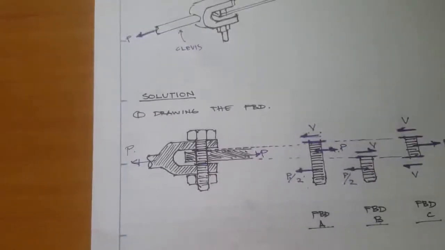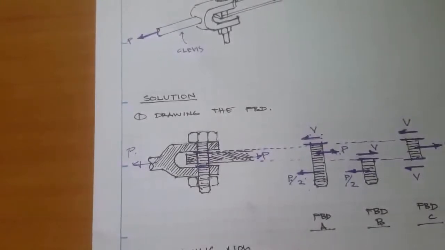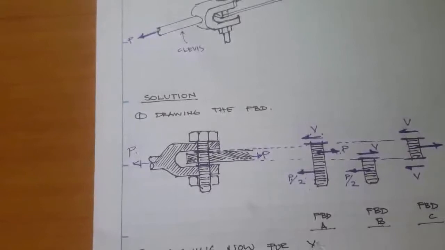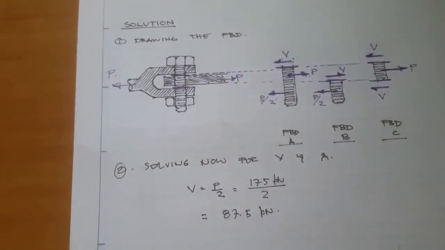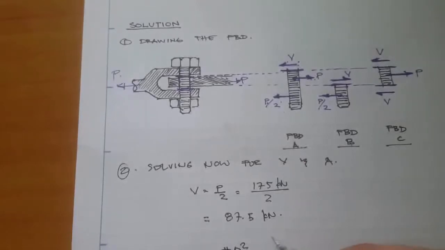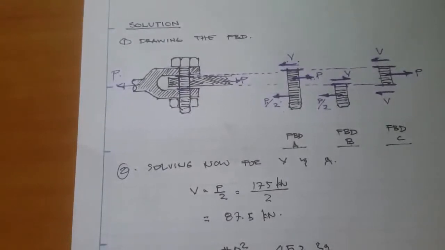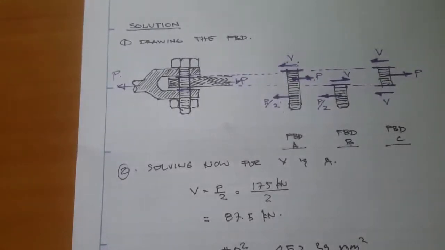Let's write here the step: solving for V and area. For the area, A is simply pi d squared over 4, and this is 452.39 square millimeters.